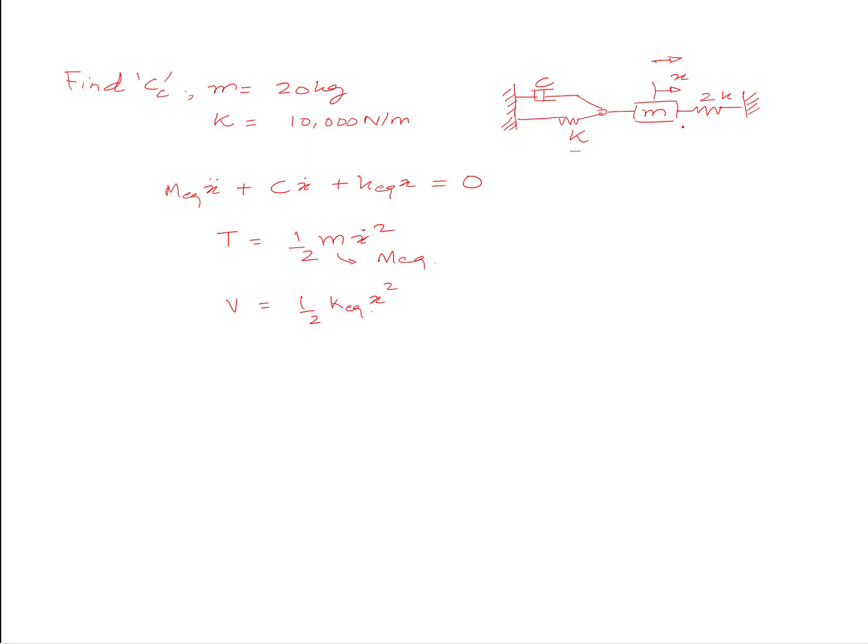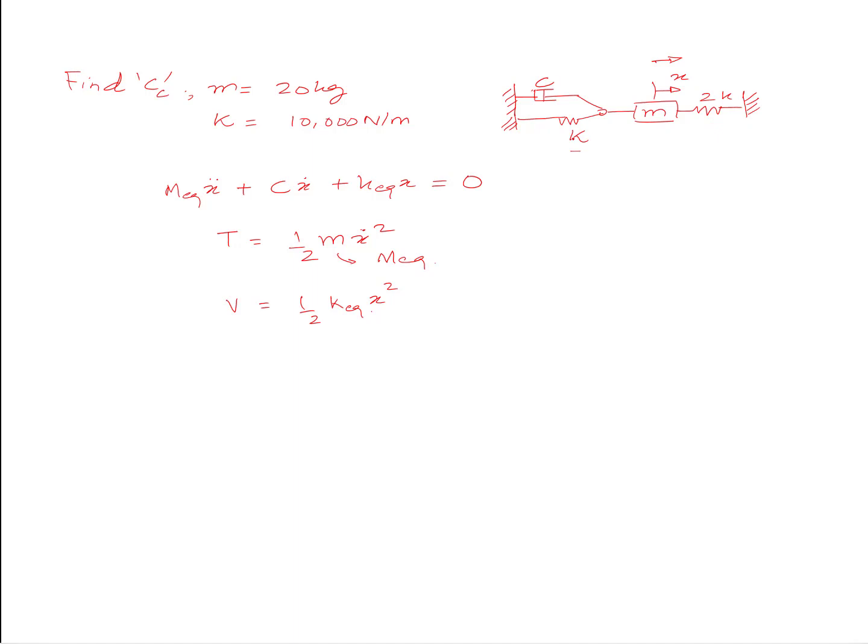The amount of expansion and contraction is going to remain the same. So basically you will have the same deflection, and that means these are springs in parallel. Remember, springs in parallel add up the stiffnesses and have the same deflection.